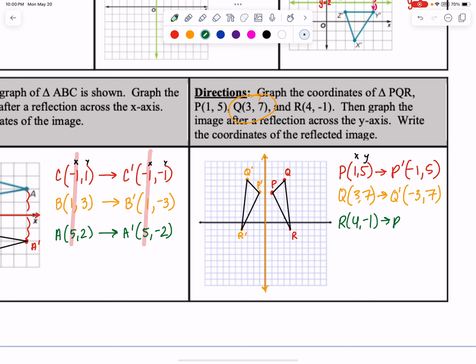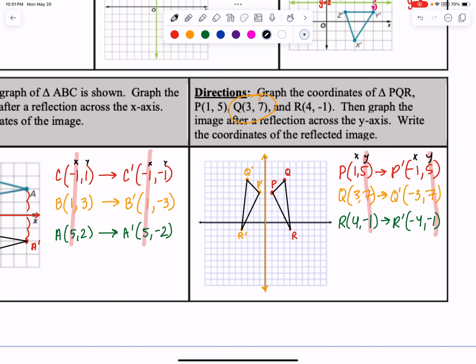And when we reflect to R prime, we end up with -4 and still -1. Okay, so if we look at our x and y's, when we cross the y-axis, what do you notice is staying the same? Well, the thing staying the same this time is our y's are staying the same.